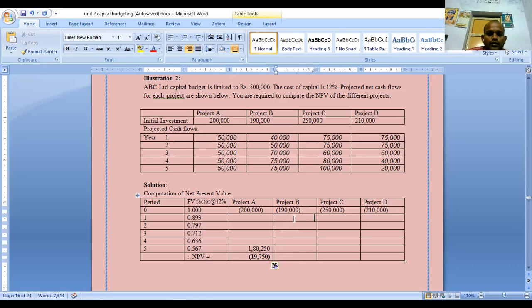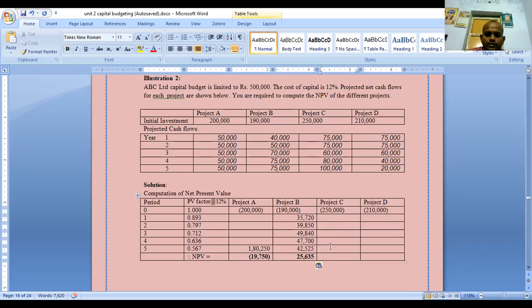In project B, if you multiply the inflows with the present value interest factors, the values will be like this, and the net present value is 25,635 positive.